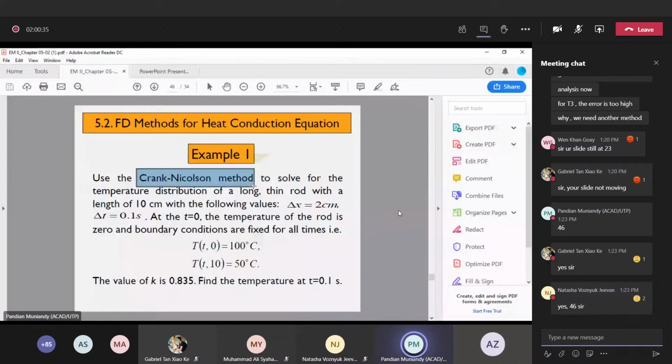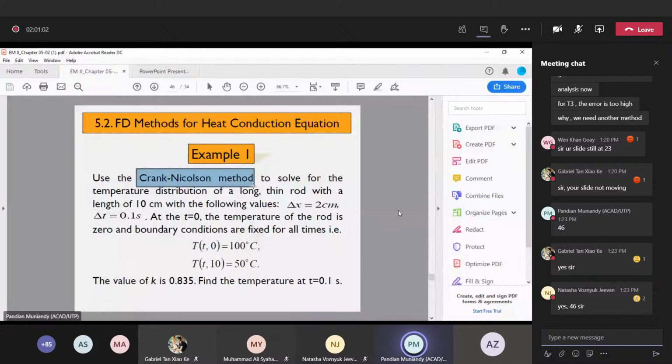So use the Crank-Nicolson method to solve for the temperature, capital T, for a long thin rod with length 10 cm. So 10 cm meaning the del X is 2 cm. This is step size, class. Step size 2 cm. So what is the meaning? Meaning is 0, 2, 4, 6, 8, 10.